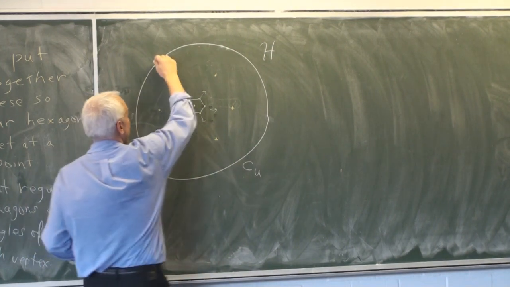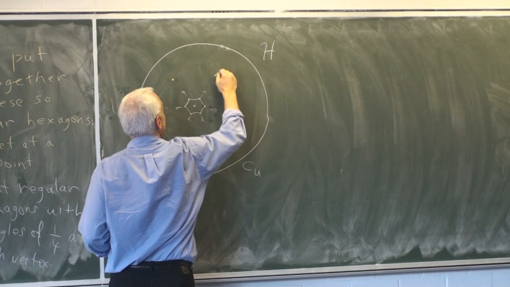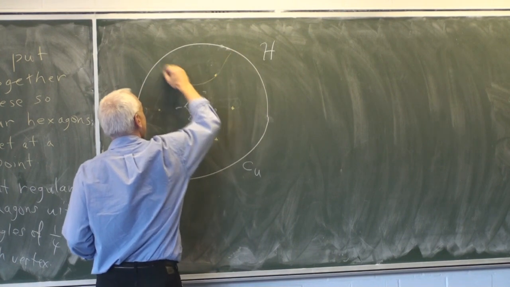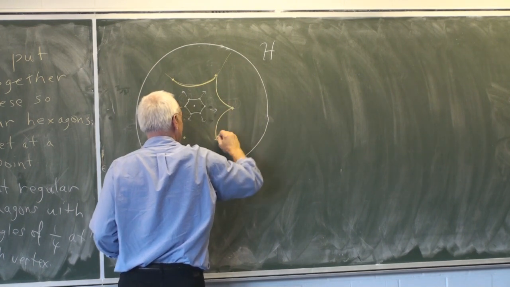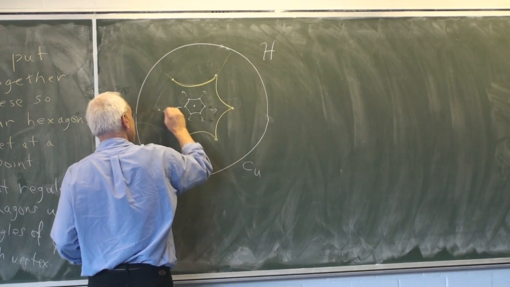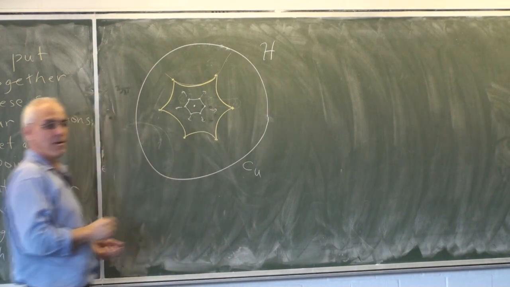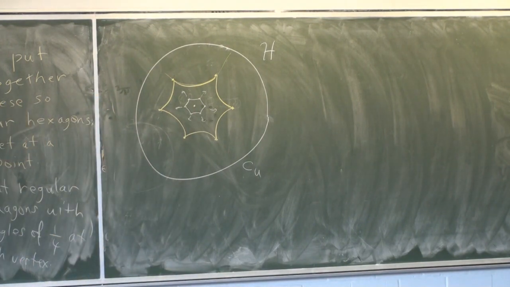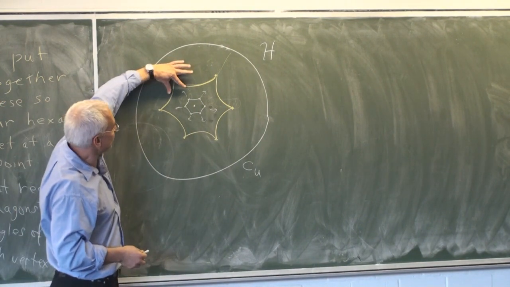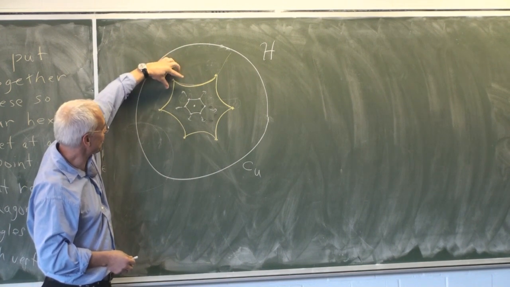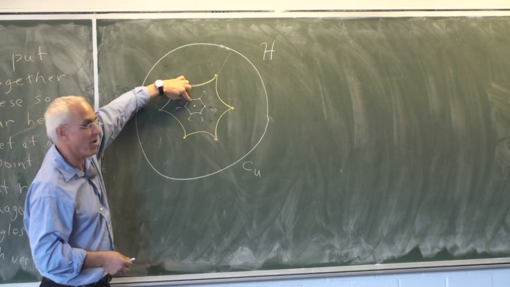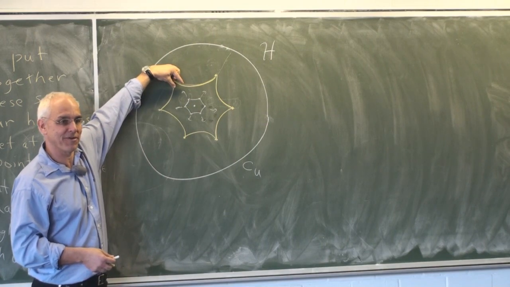Well, now the great circles, the lines, look like this. So we're talking about a hexagon that looks a little bit like this now. And you can see that the angle or the tangle between the lines meeting at a vertex is no longer a 1/3, it's something less than 1/3.